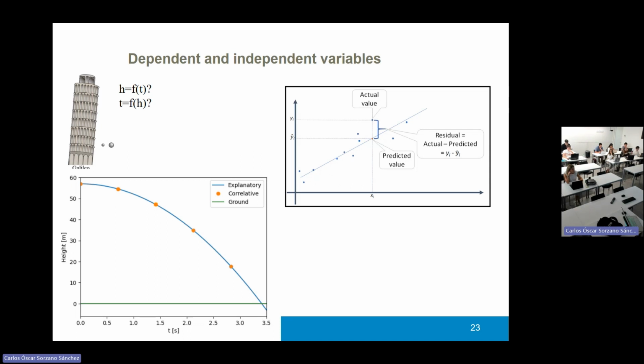If my relationship is, let's say, h equals h0 minus 1 half t squared, I can also write this in this way: t equals the square root of twice h0 minus h, divided by... This is time. So t also depends on h. So I can write both, but not both are correct. And the answer is in regression.